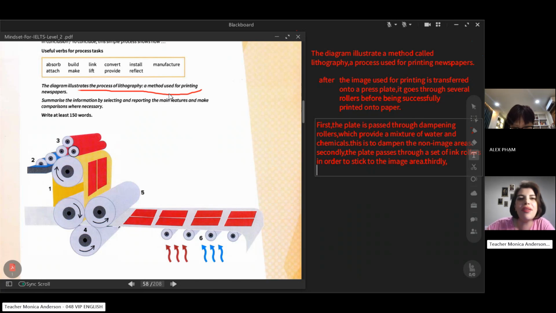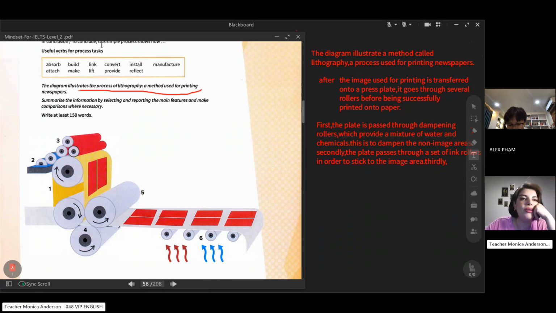Yeah, of course, you think that there are some red rollers. It's okay. But let's name them and talk about them. First of all, we call them blanket cylinders. And what do they do?